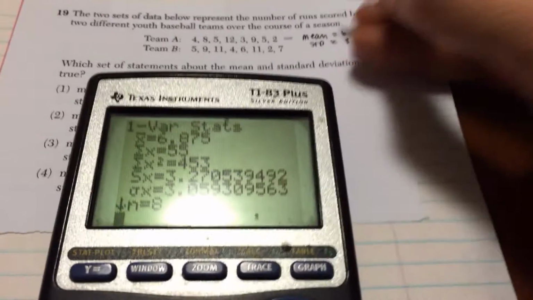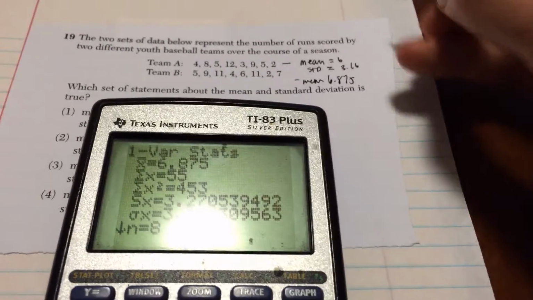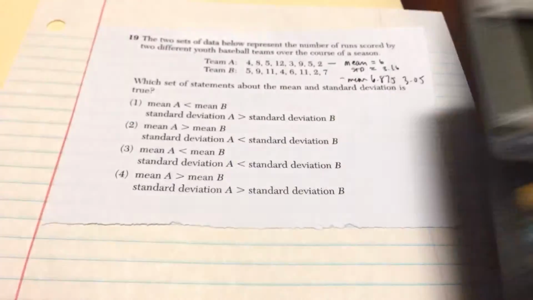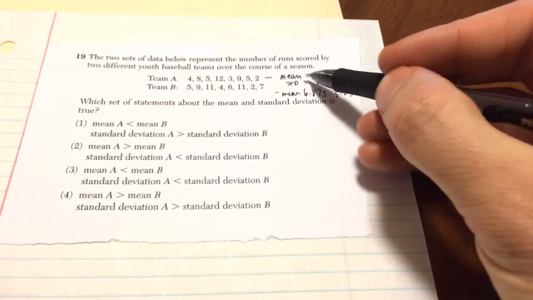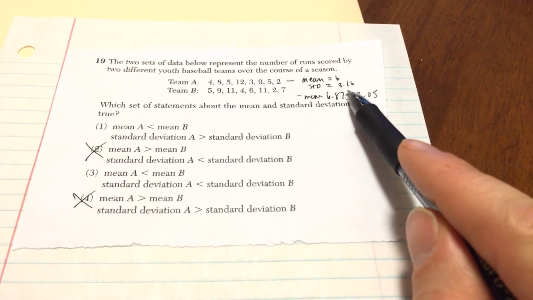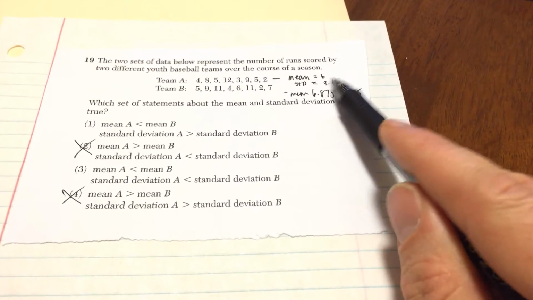Notice my mean is 6.875, and the standard deviation is 3.05. So now you have to figure out which one of these is correct. The mean of A is less than B, so it's either between 1 and 3. The standard deviation of A is greater than the standard deviation of B. Choice 1.